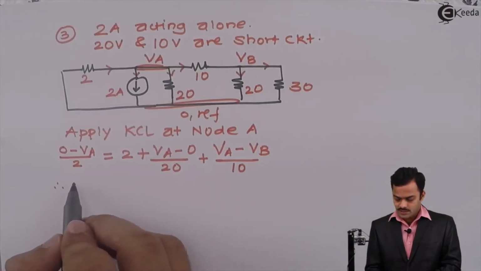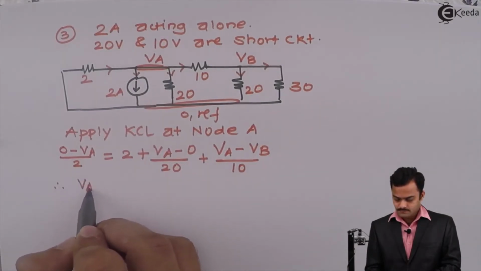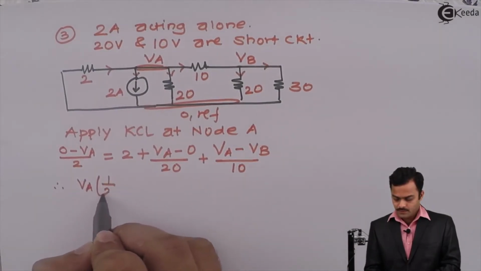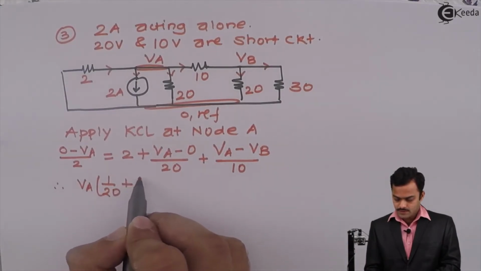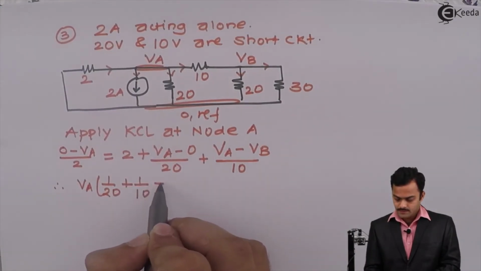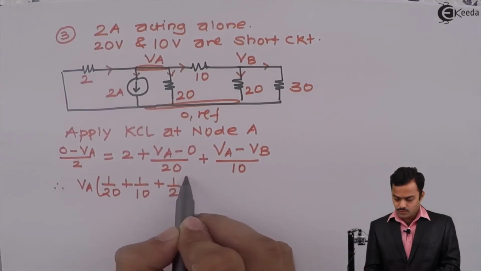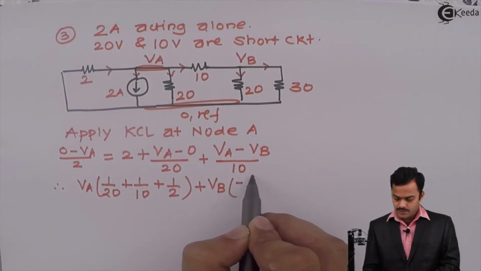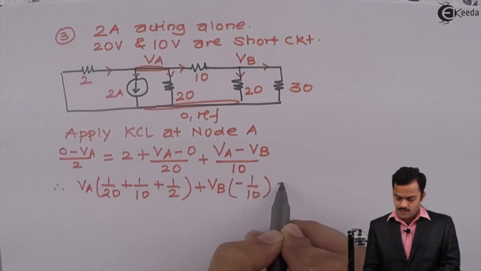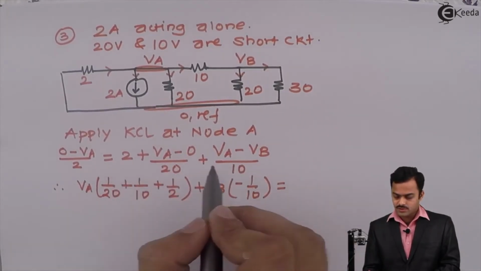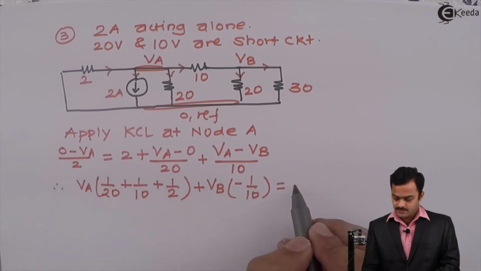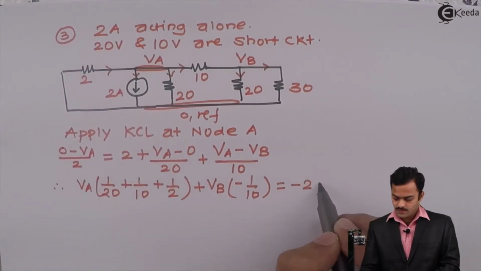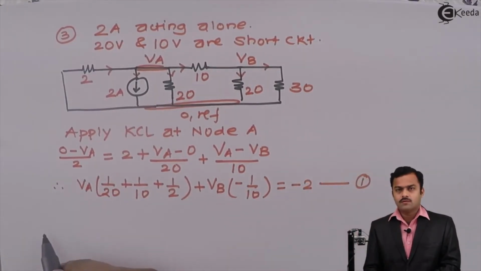Rearranging the terms, I will get VA (1/20 + 1/10 + 1/2) plus VB (minus 1/10). I will take the constant, which is 2, on this side, so minus 2. That will be equation number 1.